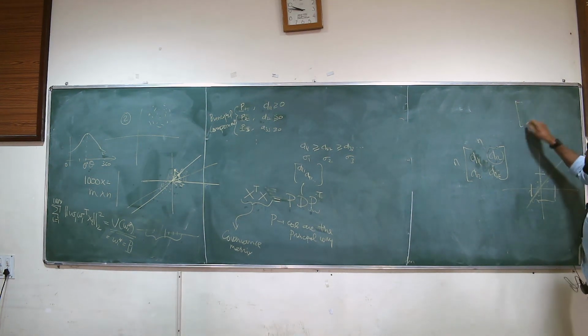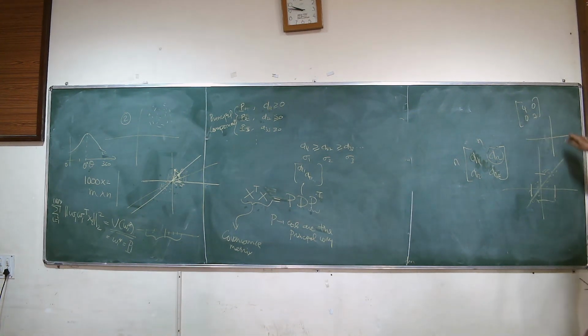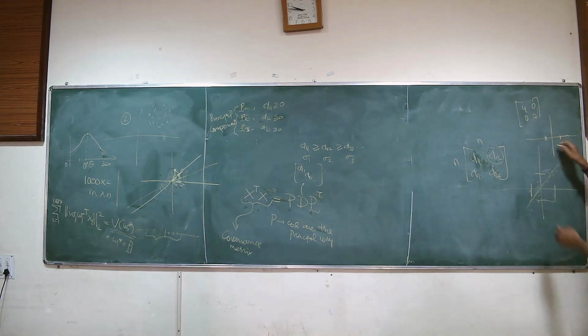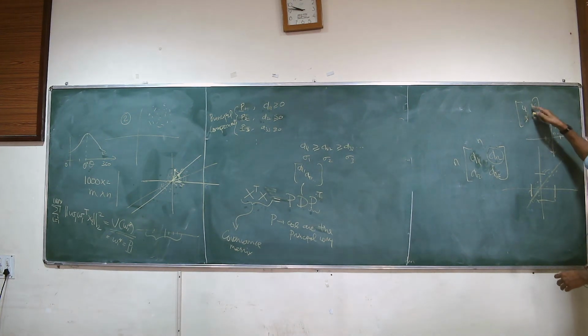Now if you had a covariance matrix like this, 4, 0, 0, 7, then the spread along the first axis is about 4, so the data is spread out like this. Along the second axis, it's like this. And this is 0, that means they don't co-vary, so there would be no linear relationship between your data. But if this was, let's say 3, hopefully this is positive definite, then your data might be distributed like this.